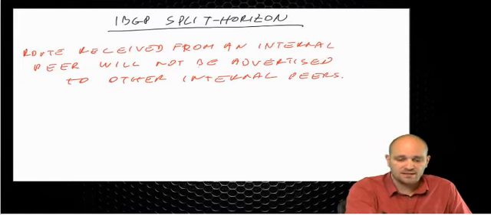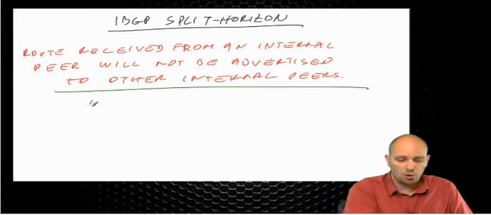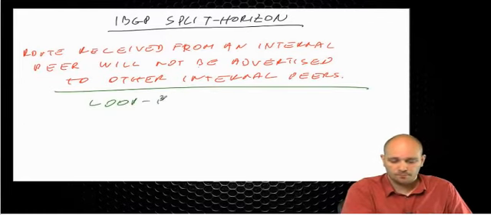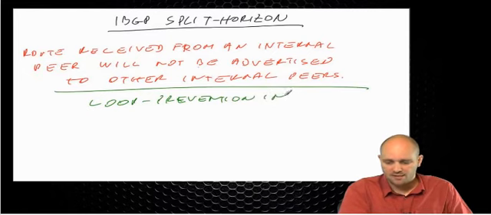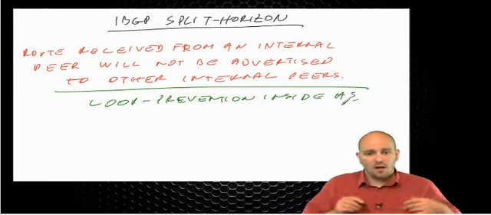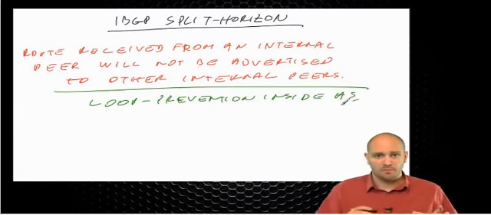So this is a loop prevention mechanism inside the autonomous system. So inside the AS, this is the loop prevention mechanism.